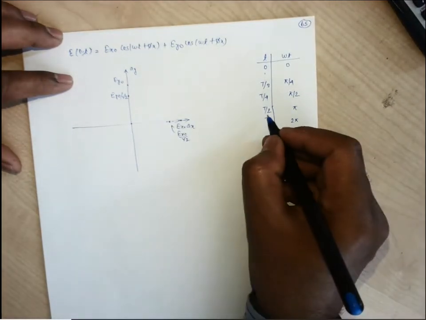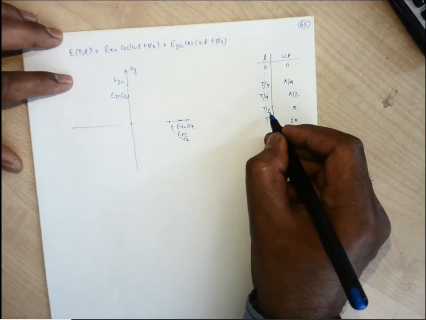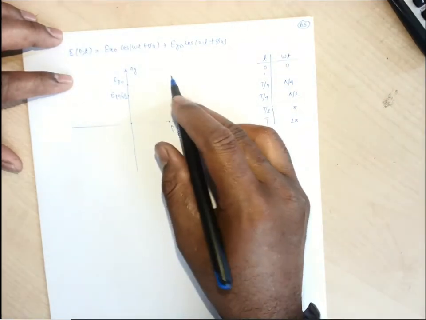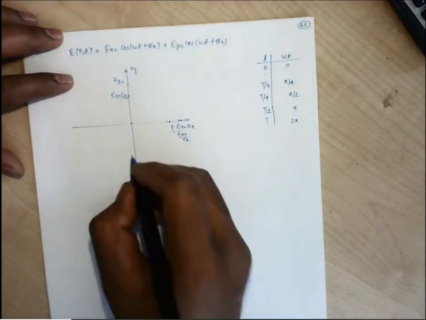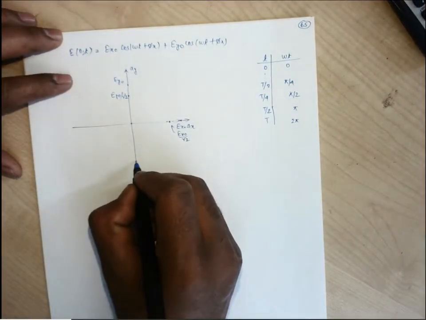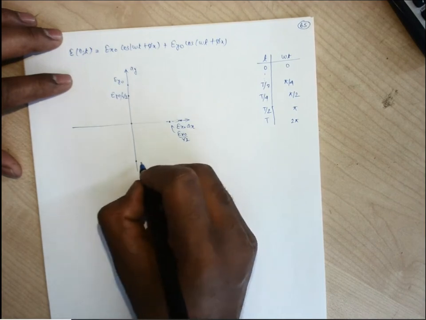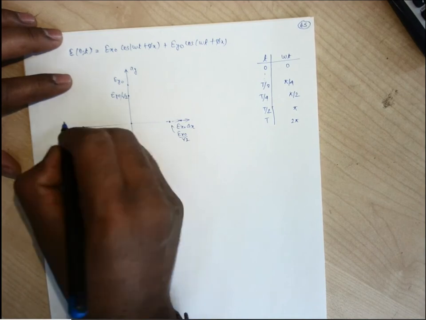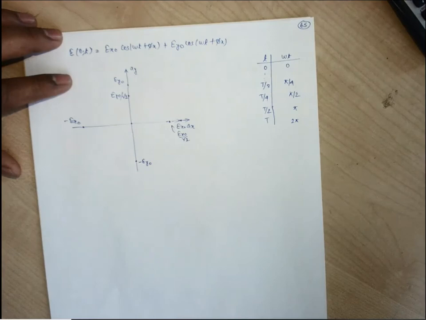Now if we put t by 2, it is pi, so it will be minus 1. So that opposite point. So that's supposed to be minus of ey0, and this point will be minus of ex0.